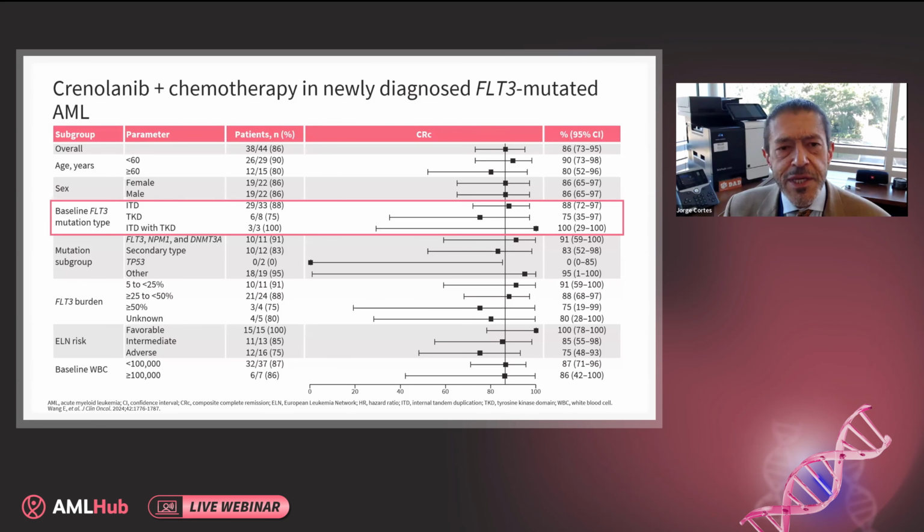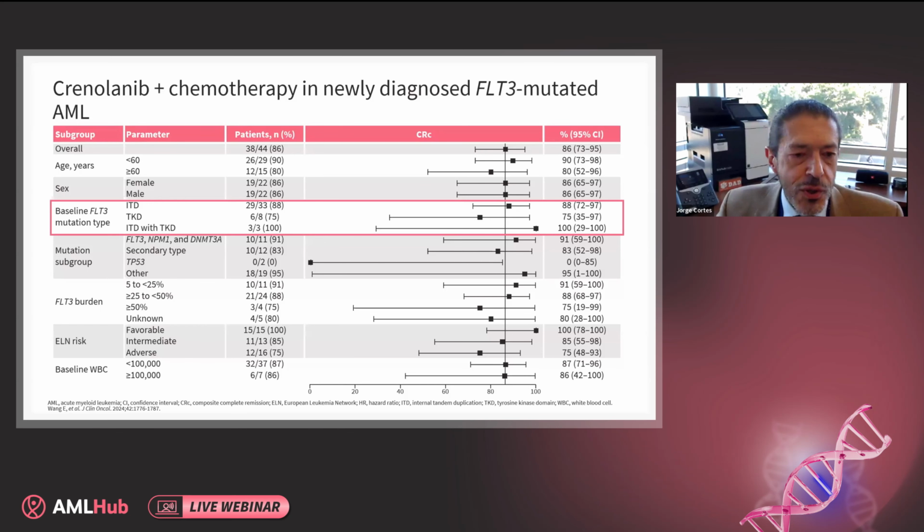So it is very interesting that although these type 1 inhibitors seem to work when this TKD is by itself, whether you use the drugs alone or in combination with chemotherapy, they don't seem to show that particular benefit.